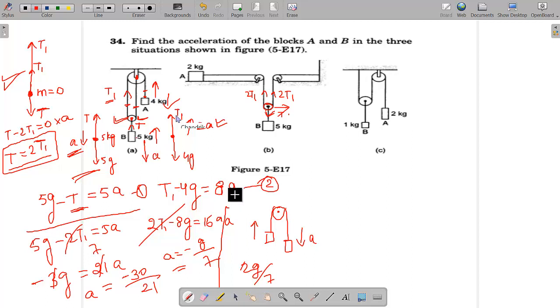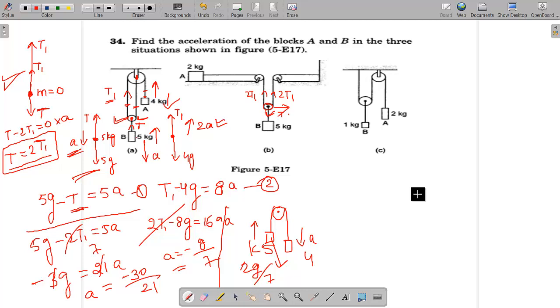Why will it happen? No, there are two tensions acting on the 4 kg block. See, if it was a simple 4 kg and 5 kg, then it is okay that the 5 kg would come downwards. So basically 2 times the force is getting acted on it.